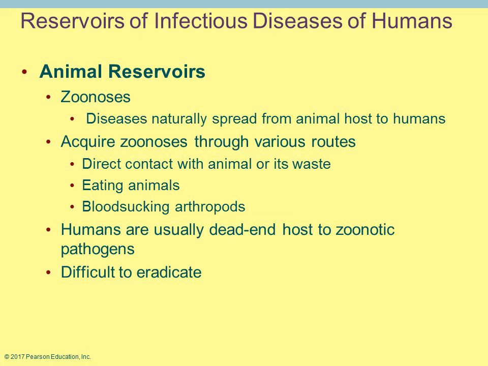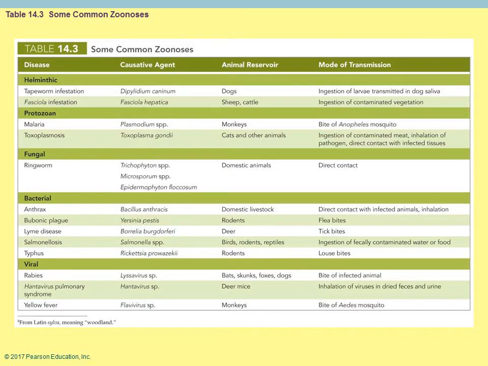That is not a feasible means of controlling the disease. You cannot ethically go out and completely eradicate an entire species. That is not an acceptable practice. We look for other means of trying to control it, but it is difficult to eradicate disease.